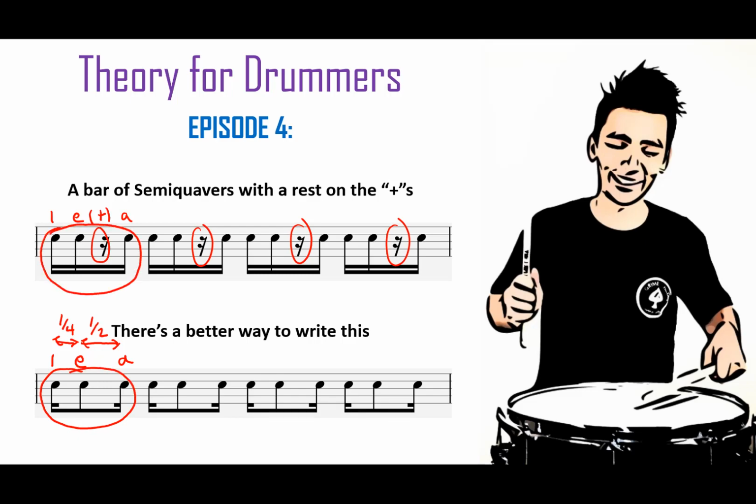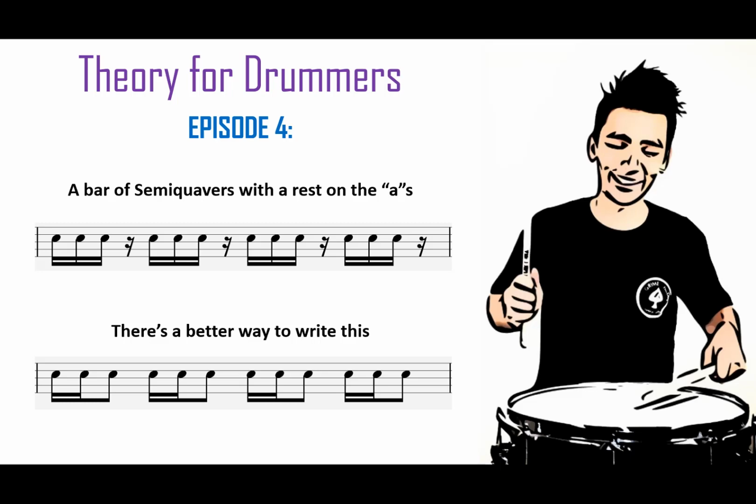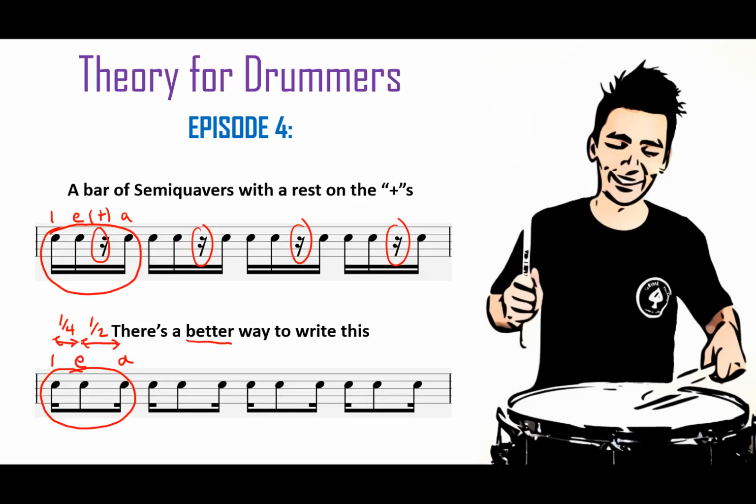Notice how the group of notes down below don't have the rest symbol, whereas the group of notes above need the rest symbol to achieve the same rhythm. And that is why the second way is the better way to do things. You don't have the rest in there. Now let's try and understand why the first note of the group is a semiquaver, why the second note of the group is a quaver, and why the third note of the group is a semiquaver.